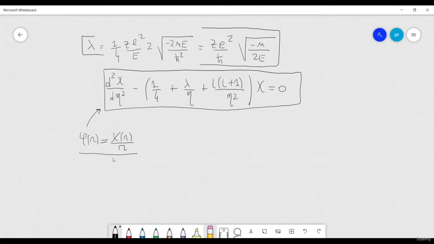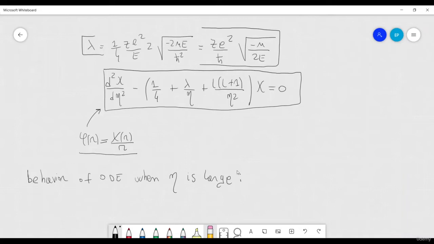So what we want to do now is analyze the behavior of this equation here. So let me put it here: behavior of the ordinary differential equation when eta is large. Why do I want to do this?